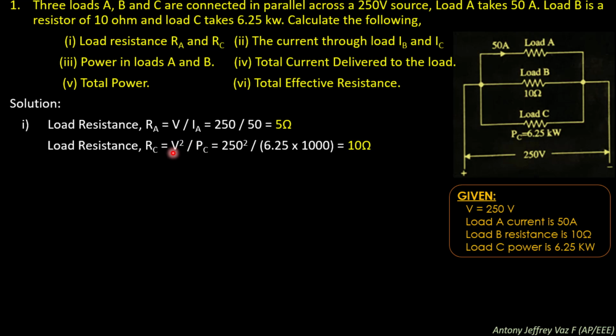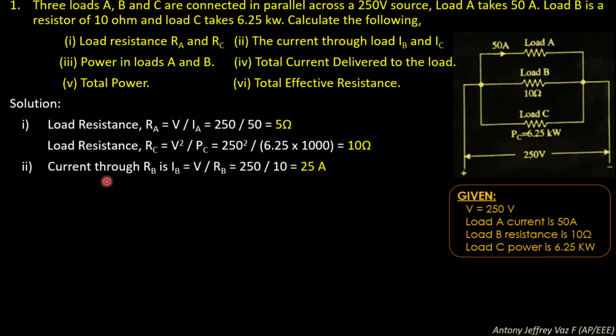RC is equal to V square by PC, where PC denotes the power absorbed by the load resistance C. So V square is 250 whole square divided by 6.25 into 1000. To convert kilowatt into watt, you have to multiply it by 1000. So the answer is 10 ohm.